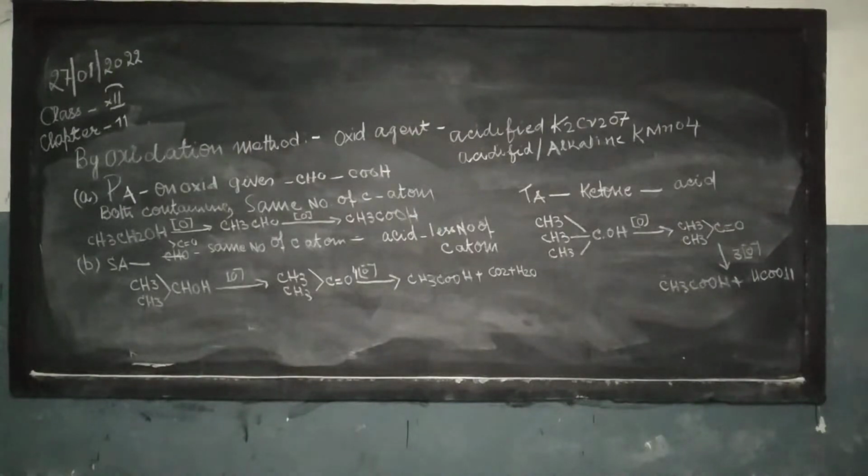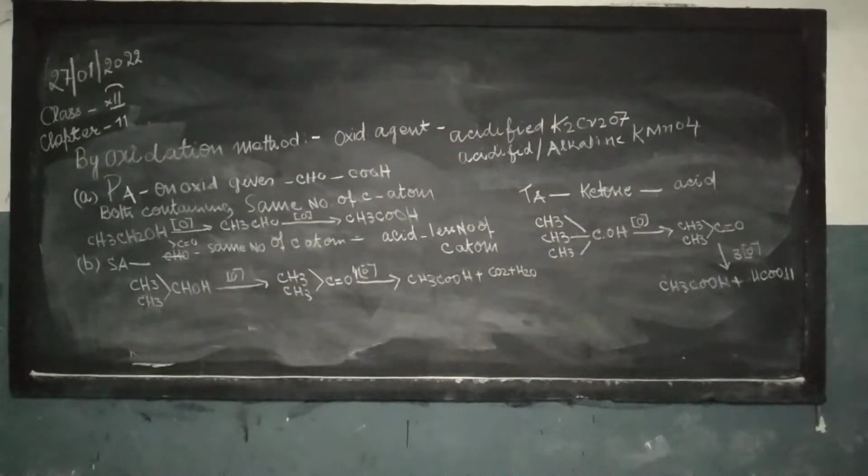Our last point is tertiary alcohol. It gives ketone on oxidation. Then on further oxidation, it gives acid, both containing less number of carbon atoms than the original alcohol. So this is all about the oxidation method.